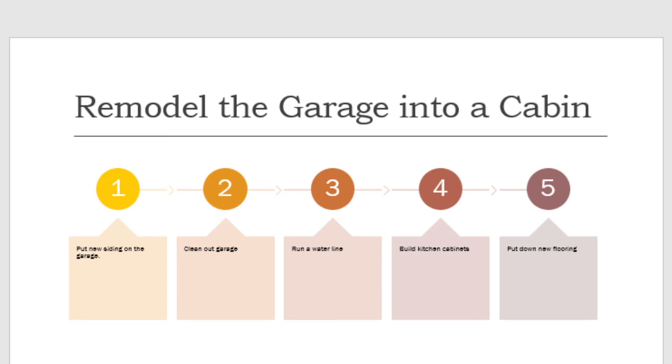The ticket was something like remodel the garage into a cabin, but there were lots of child tickets like clean out the garage, run a water line, build kitchen cabinets, put down new flooring, etc. Child tickets are also used when we're working on a project for a customer. And to set up a new network, we might need child tickets for purchasing Ethernet lines, running wires, setting up network boxes, that type of thing.